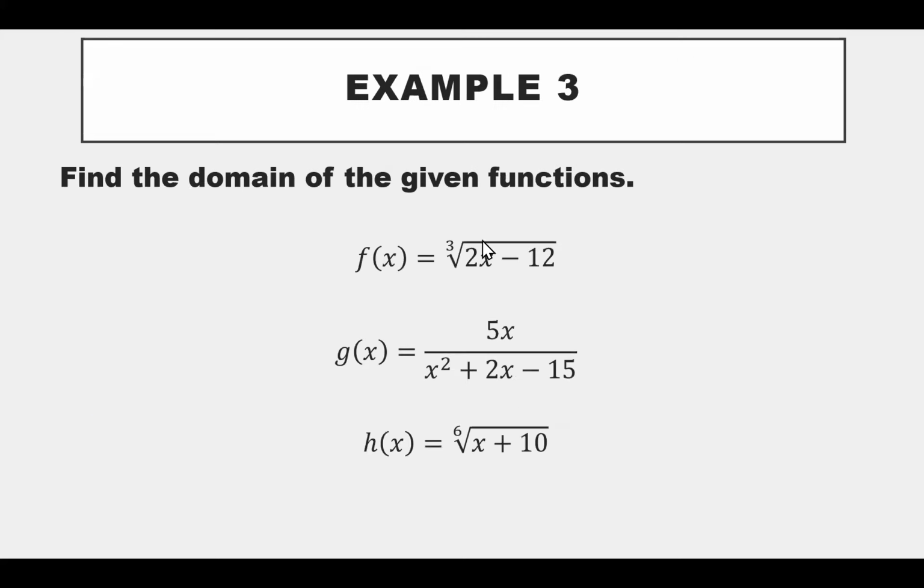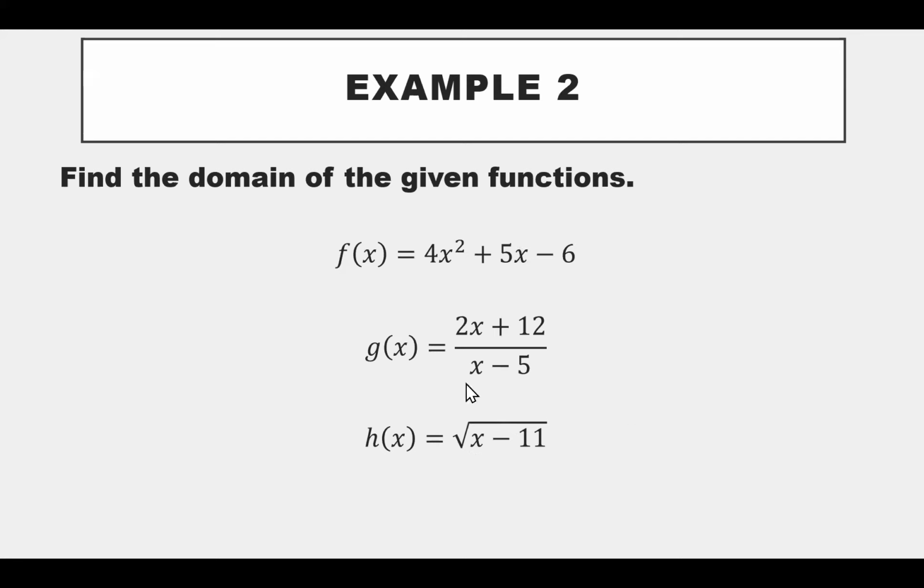So we see that for some functions, like the functions we saw in example 2, we had to restrict our domain because we ended up with non-real numbers as our output, or an undefined output, when I plugged in certain things.